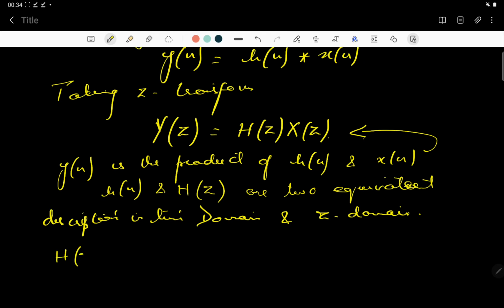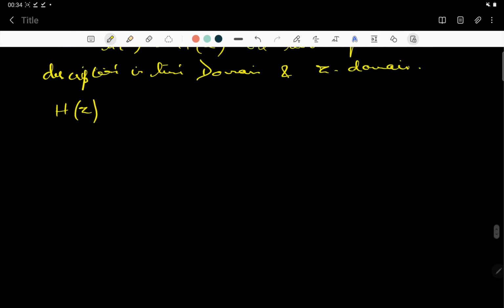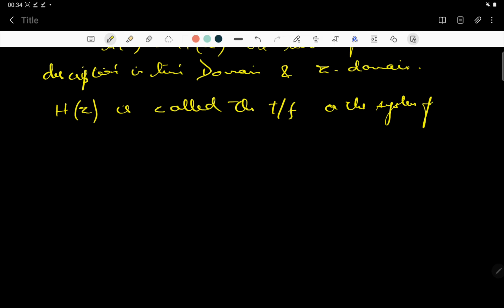The transform H(z) is called the transfer function or the system function, expressed simply as H(z) equals Y(z) upon X(z).